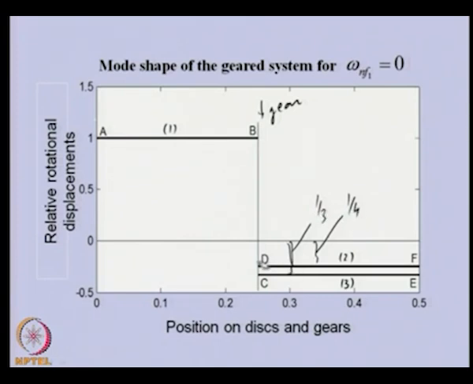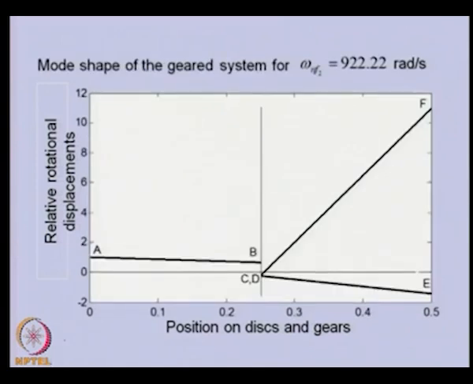So you can see that the whole second element and third element have the same displacement. As such, there is no relative twist between the ends. Similarly, we can plot the mode shape for the flexible mode, that is the second mode.